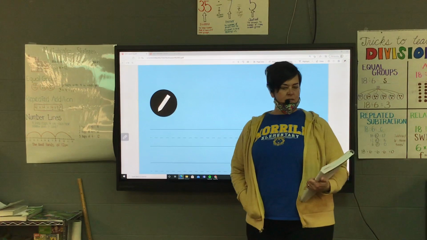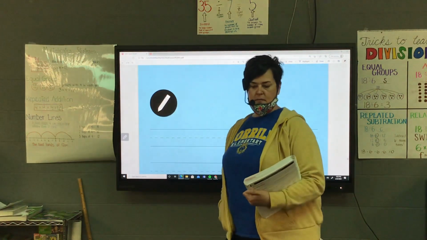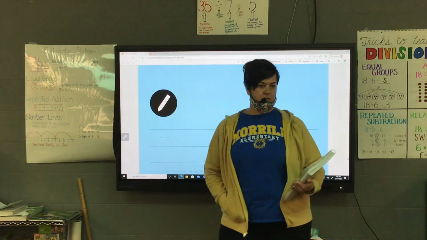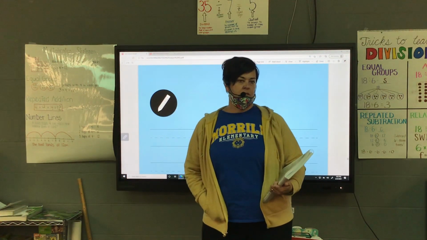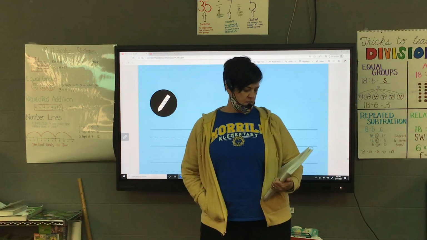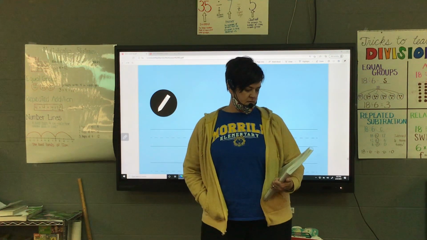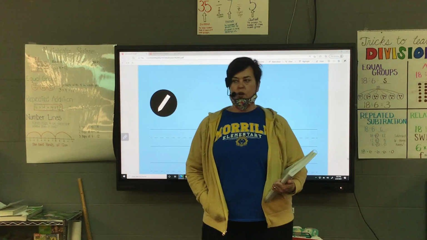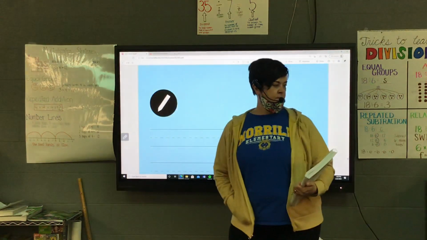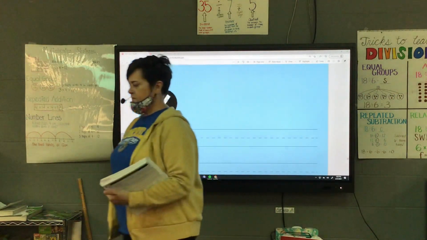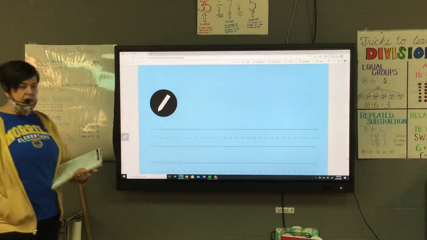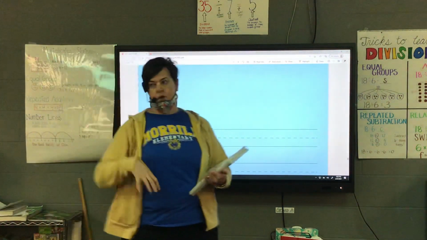Staple. Staple. Curl. Curl. Let's do one sentence and then we'll go over all of it, okay?